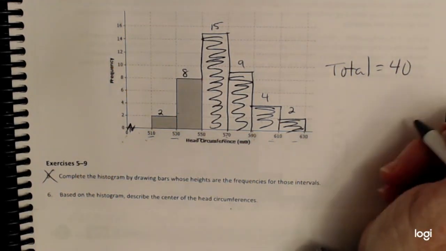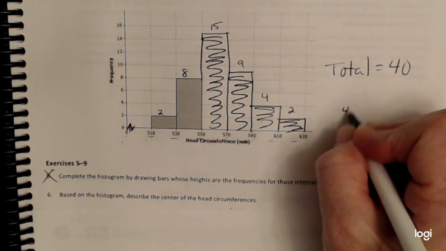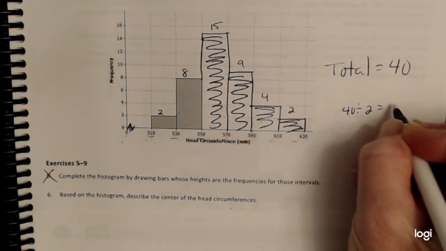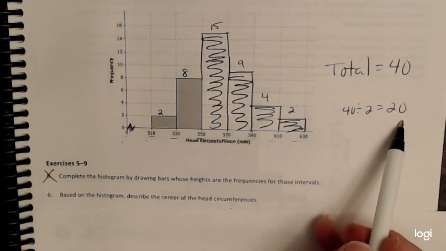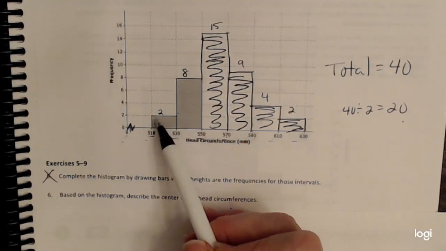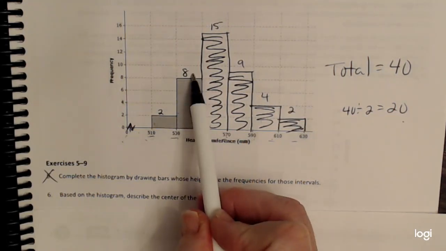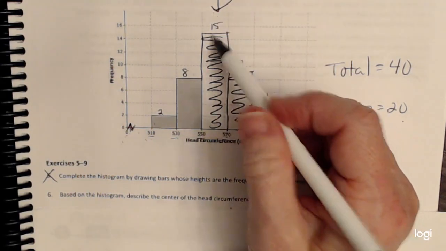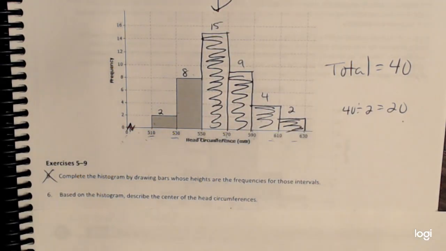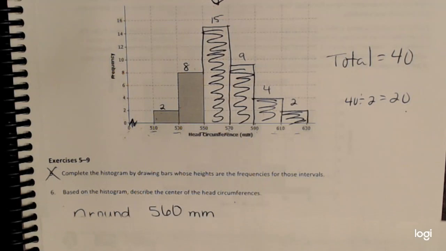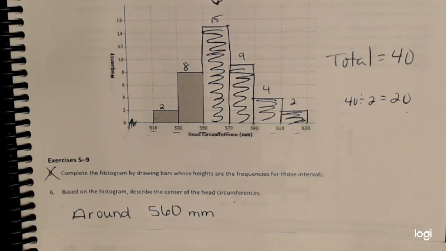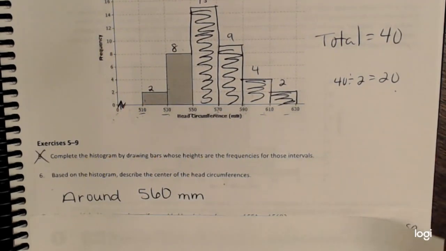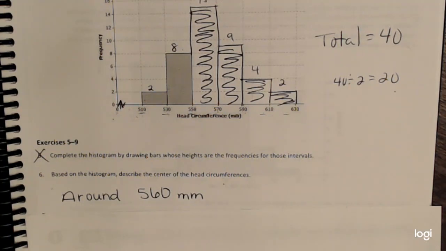When I cut that in half, I know that half of 40 is 20. If I start here and add 2 plus 8 is 10, and then add to get to 20, I'm going to probably end up somewhere here in the middle. So I estimated that the center is going to be around 560. I'm not going to have an exact number, but I have an estimation.